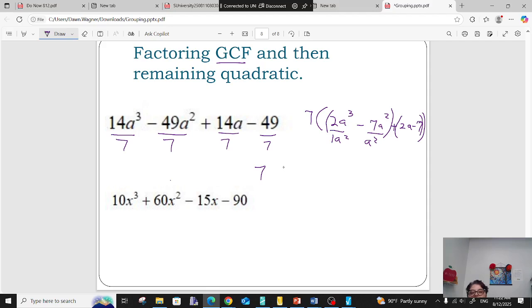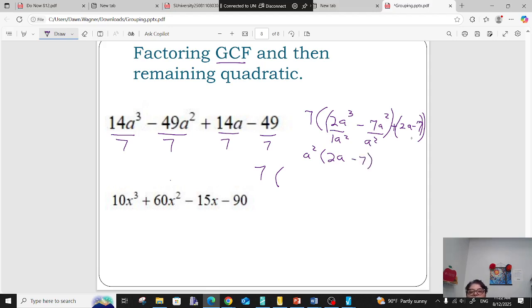So then this would be, what's a to the second power divided into 2a to the third power? 2a. I got this a to the second out here. And then this would just be minus 7.